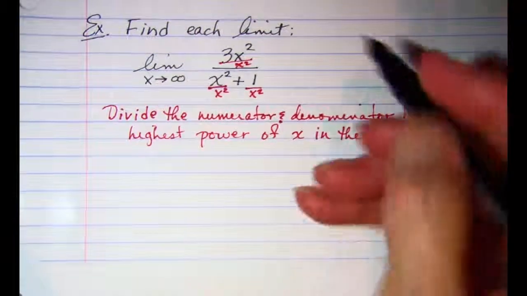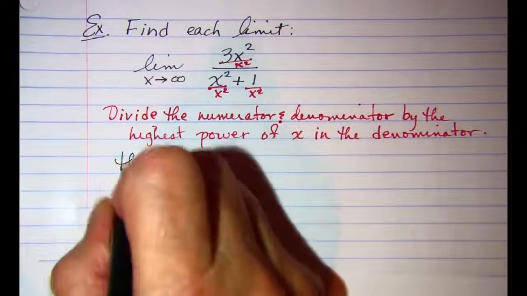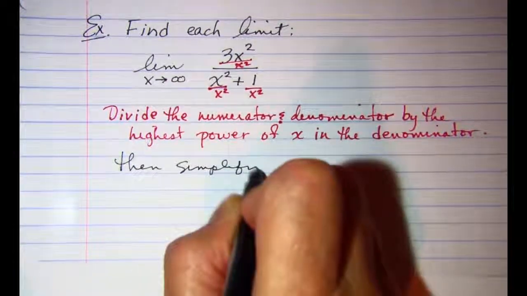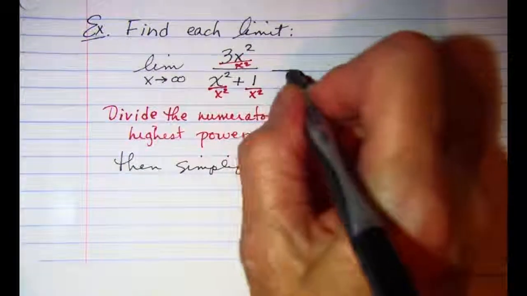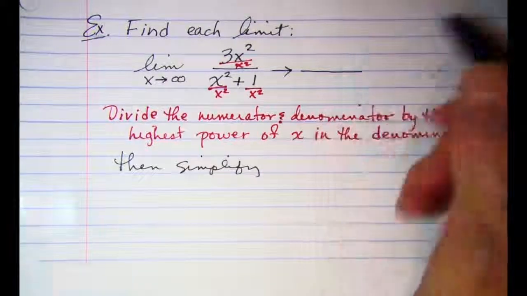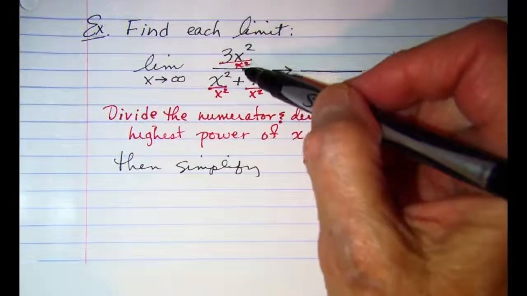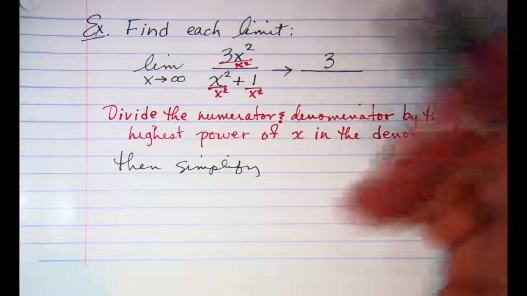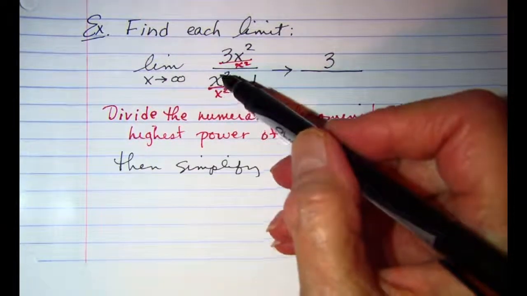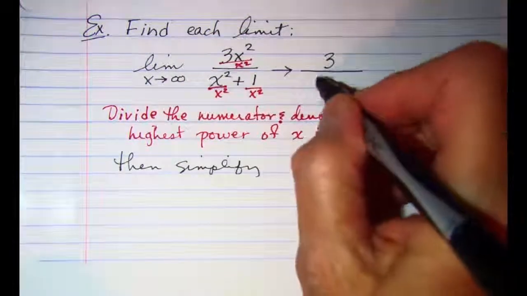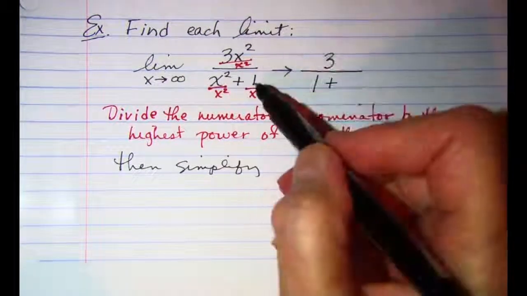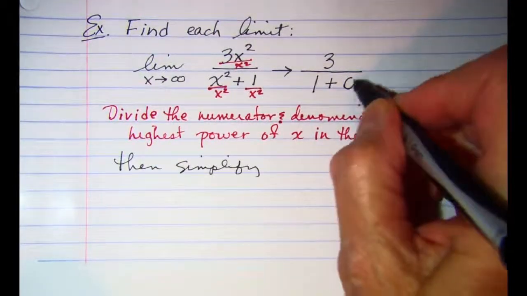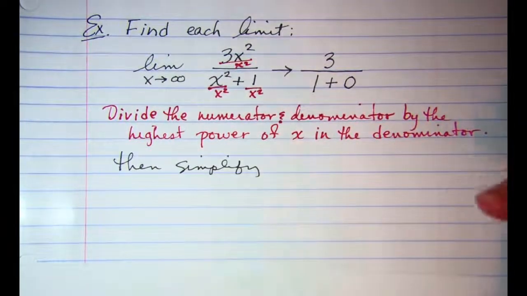Then we're going to simplify. The x squareds cancel on this one, and I have just a 3 in the numerator. On this one, the x squared over x squared is 1. And then 1 over x squared is 0 as x approaches infinity.